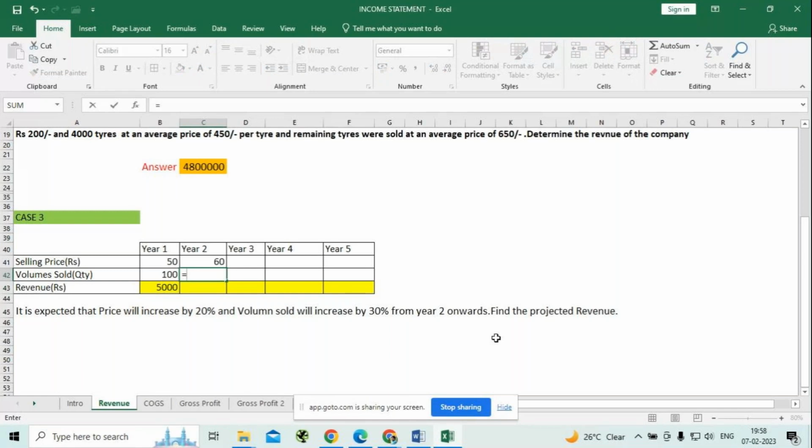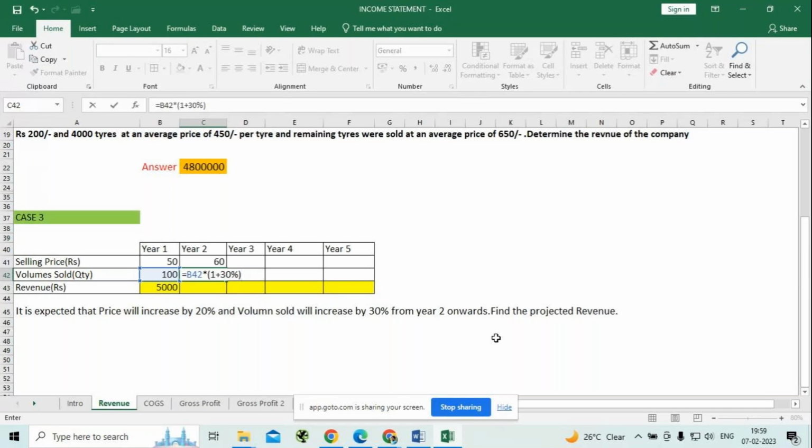The other way is, when I know that the same cell reference I have to take twice, I can make it in a simpler way. So I'll take the very common thing, that is B42, which is common. Why? I'll take it for twice: B42 into open the bracket and I will give it as 1 plus I have an increase of 30%.